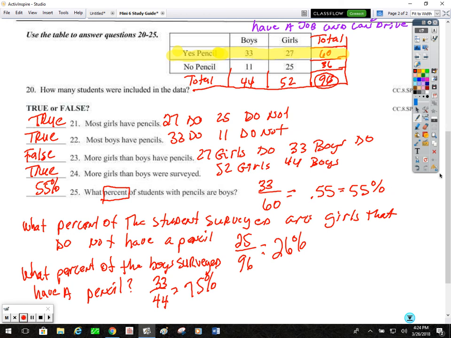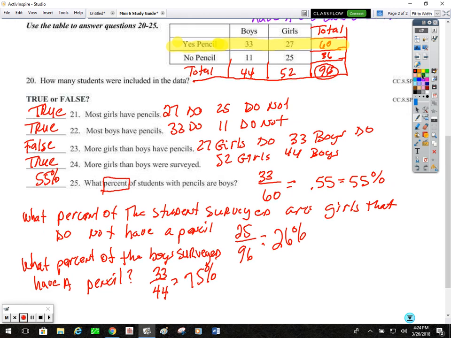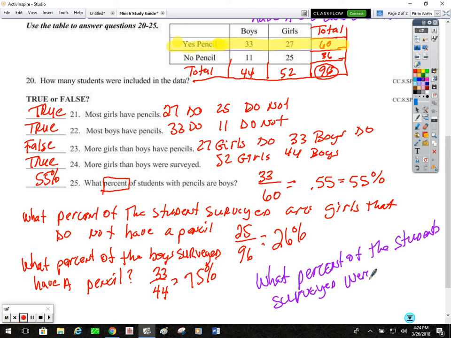Let's do a margin to a margin. So let's do one more real quick before we go. Let's see, what percentage of the students surveyed were girls?